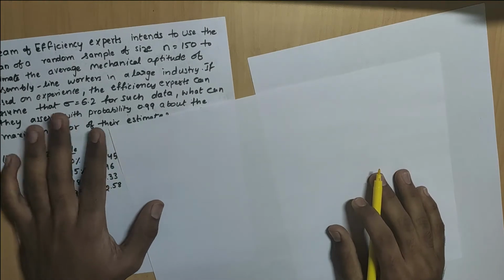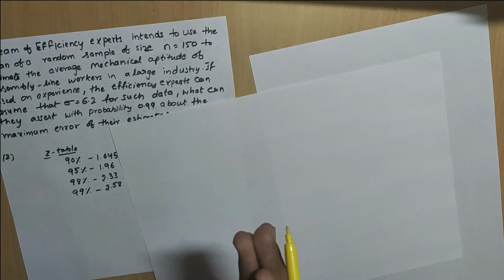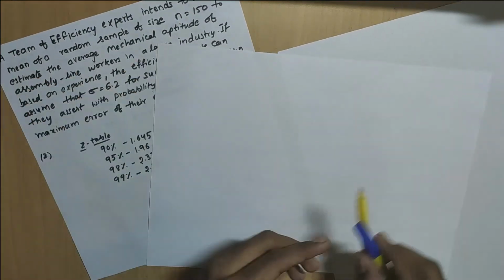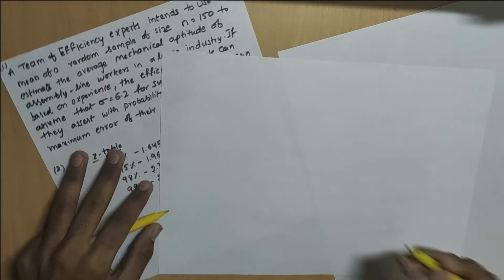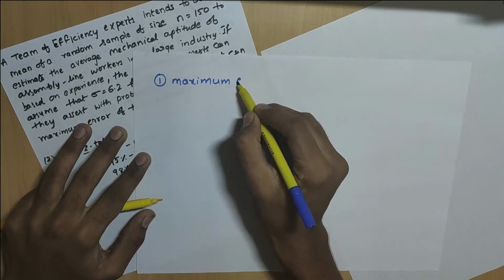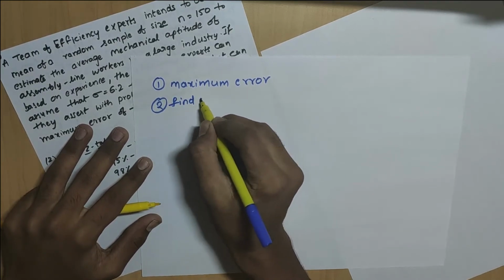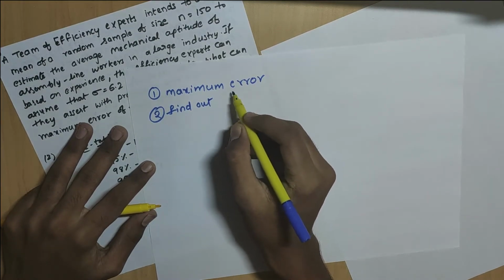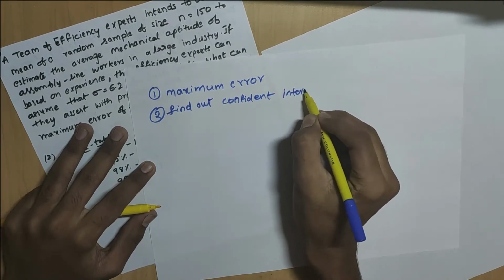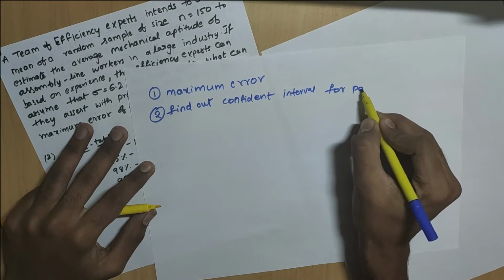In this episode, the first in the interval estimation series, a few things I'm going to discuss: maximum error, and second, find out the confidence interval for the population mean.